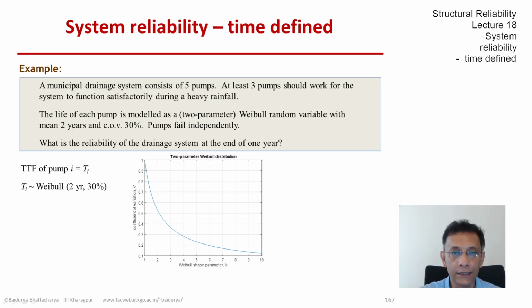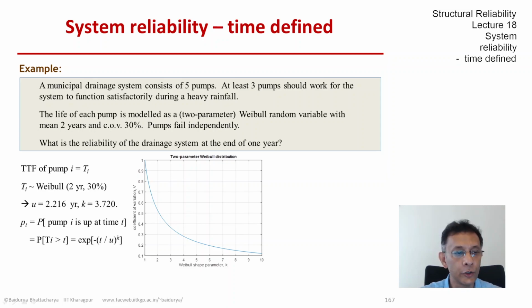We have looked at this graph before. This is a convenient way of finding k from the COV for a two-parameter Weibull. For this set, we find that k is 3.72 and u is 2.216. So the Weibull complementary CDF, the Weibull reliability function, is exponential minus (t by u) to the power of k.